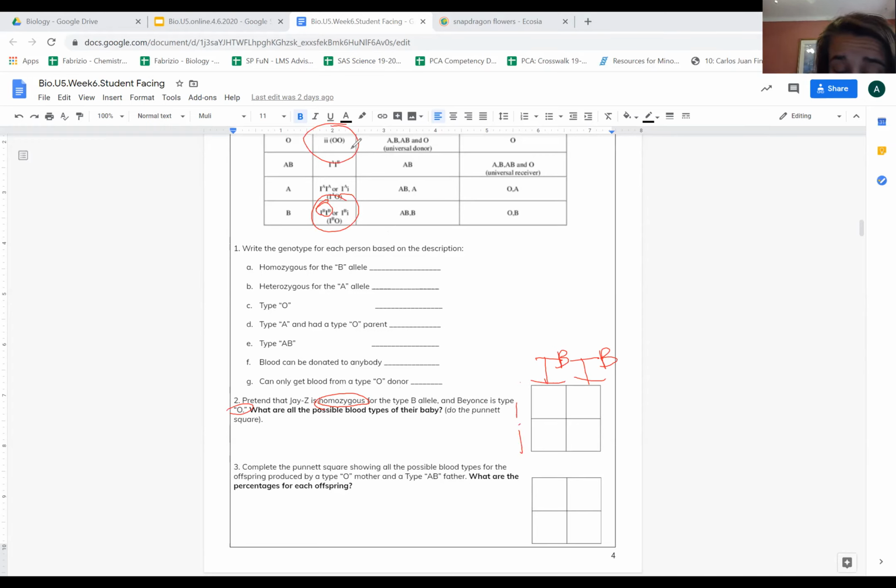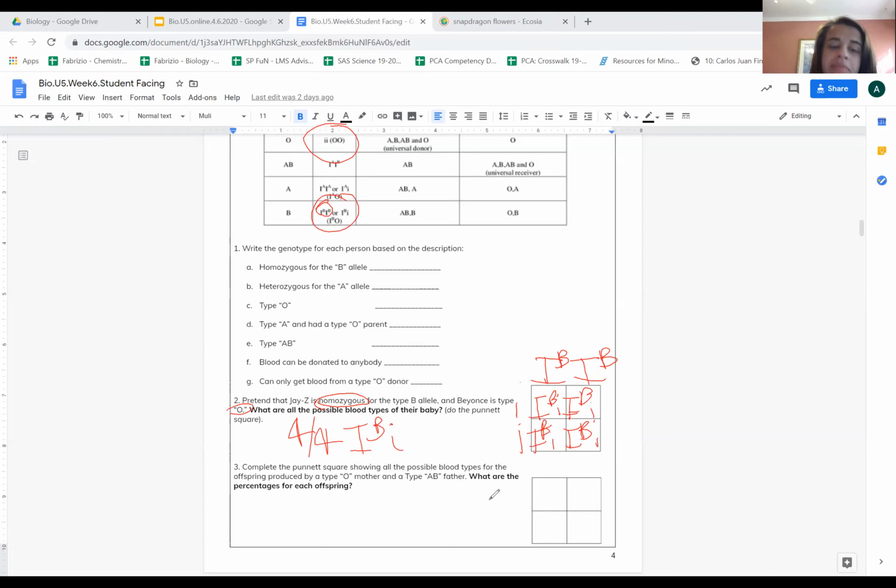They both are homozygous for their traits, so their child may only have this specific type of blood. There's a 4 out of 4 chance that their child will be heterozygous for type B blood.